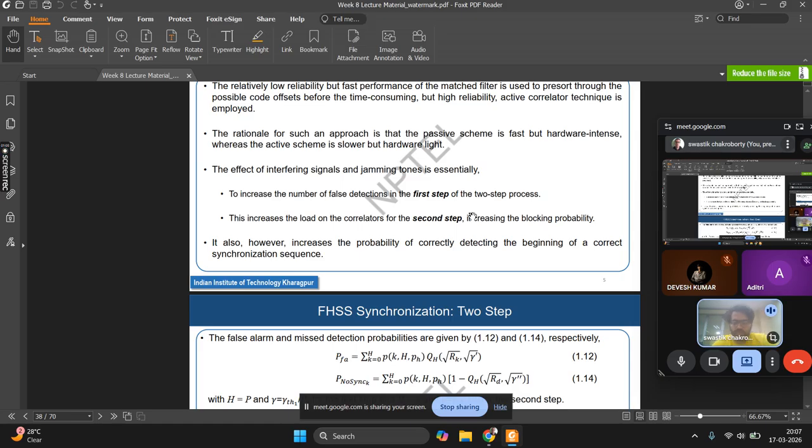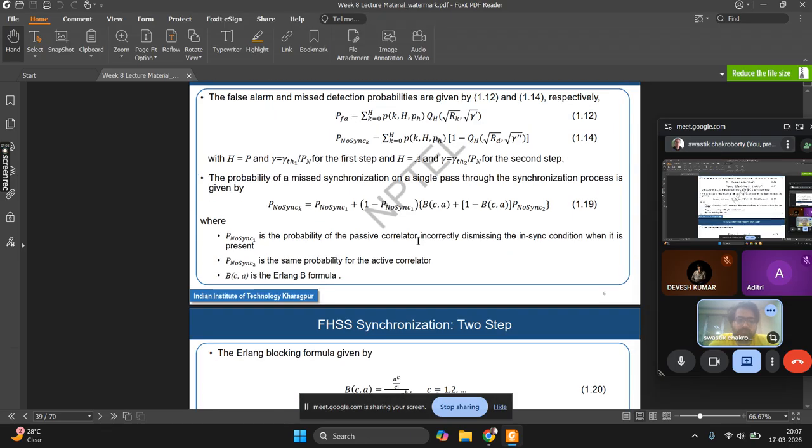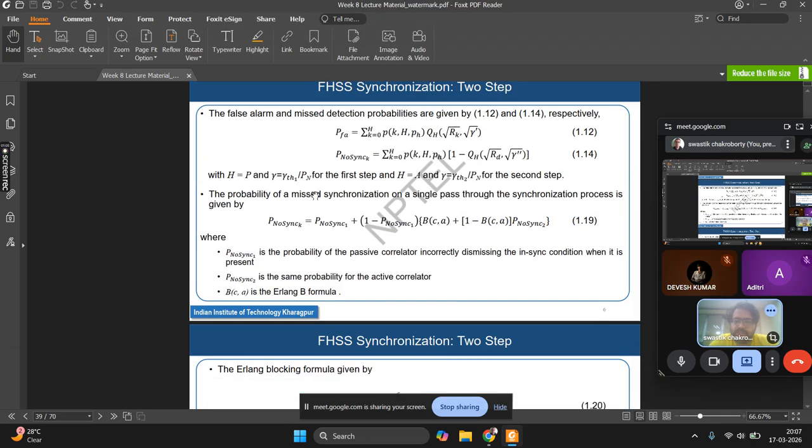The hardware will be overloaded. So together they will be better equipped to handle the incoming sequences.